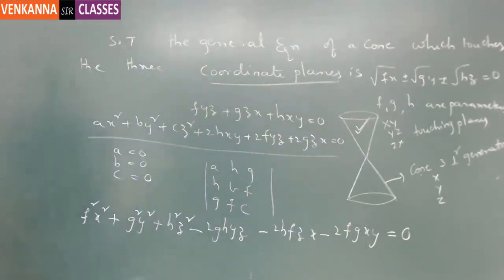This is the equation of the reciprocal cone. Please check on this if you have a doubt. If the concept is clear for you, then I go with the simplification part: how to convert this form into the required equation model, root fx plus or minus root gy plus or minus root hz equal to 0. Okay?